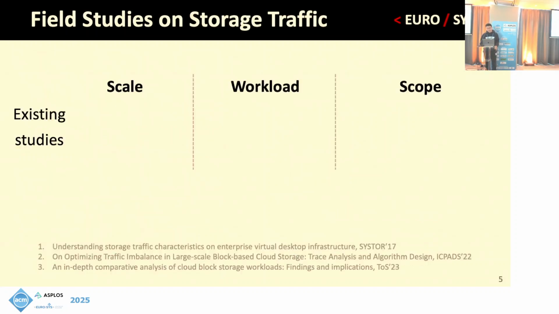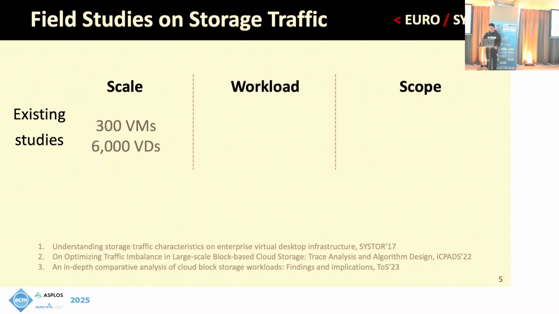In fact, traffic skewness is not a new thing, and there have been many field studies on this topic. However, this existing work has limitations in 3 dimensions: scale, workload, and scope. For the scale, existing work collects data on hundreds of VMs and thousands of VDs. But this scale is still too small for a production system with millions of VMs.